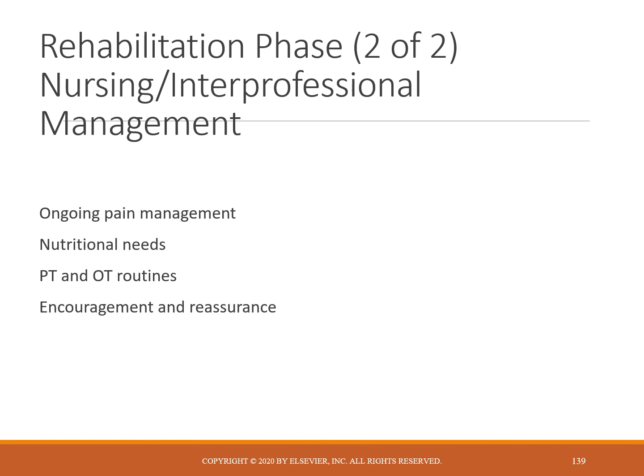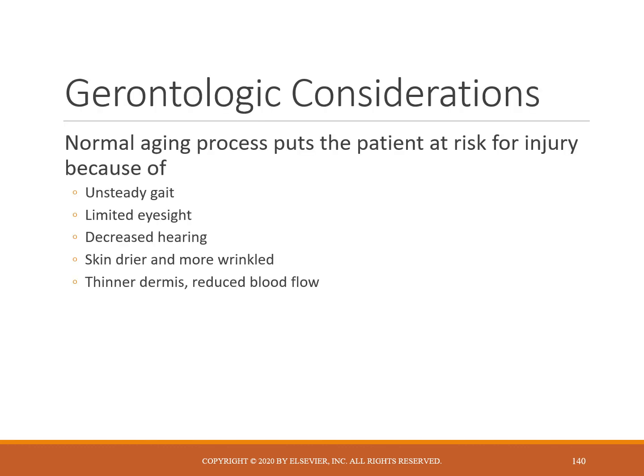But of course, we need to assess the emotional support and emotional needs of the patient. Our patients, especially the elderly, can have unsteady gait, limited eyesight, decreased hearing. So just looking at it, we have to provide patient safety to this patient.